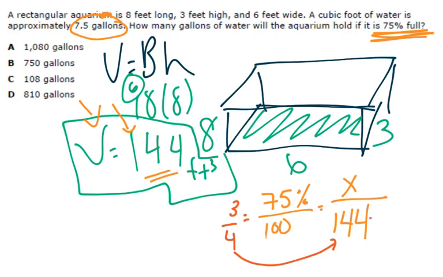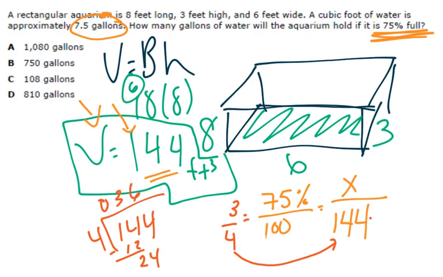I take 144 and I divide it by 4. 4 goes into 1 0 times. 4 goes into 14, 4, 8, 12, 16, nope, 3 times with a remainder of 2. 4 goes into 24 6 times with no remainder. All right, my scale factor is times 36 because that was my quotient when I divided 144 by 4.